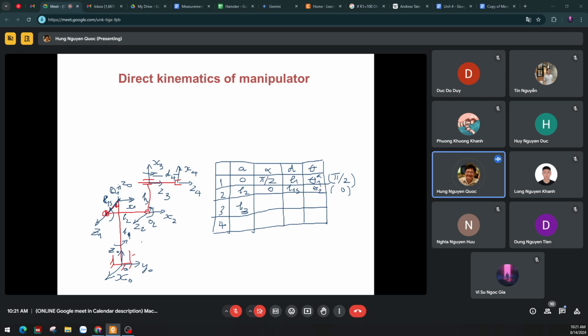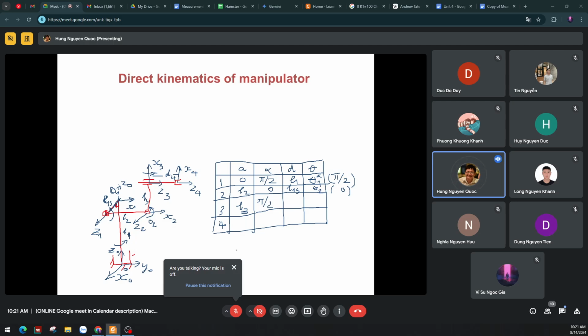So remember we should follow the direction of the axis. Alpha is the angle between Z2 and Z3 when you look from X3. When you look from X3, you rotate Z2 to be coincident with Z3, so the angle is pi over 2. You can check.